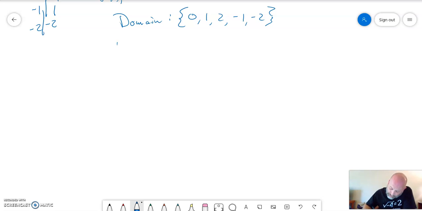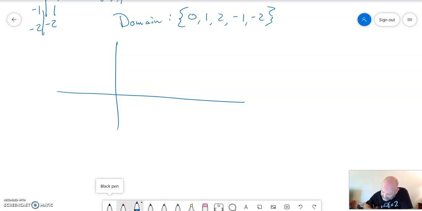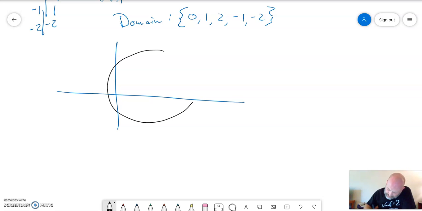And so if we're looking at a graph, we want to know how we can tell if a particular x value has two different y values tied to it. One of the ways we can do this, in fact, let me just go ahead and draw something that's not a function, is the vertical line test.